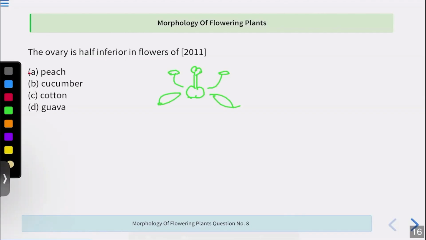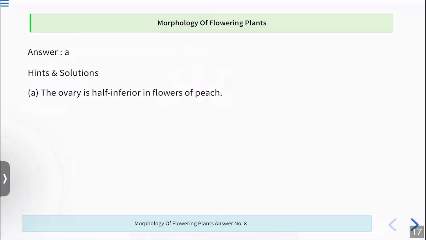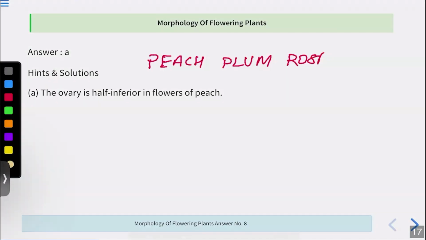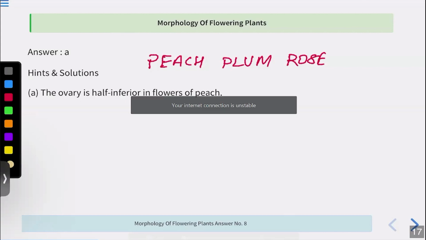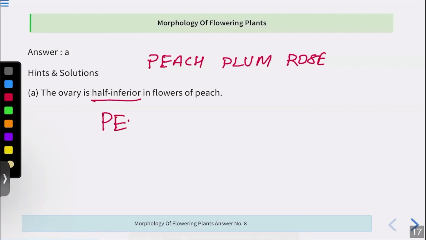We know that this condition is found in peach, rose. The ovary is called perigynous.